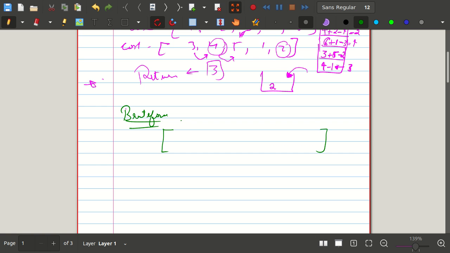Which is like this. We can basically think of every index as the starting position, and we will check for each index whether we are able to complete this cycle or not.